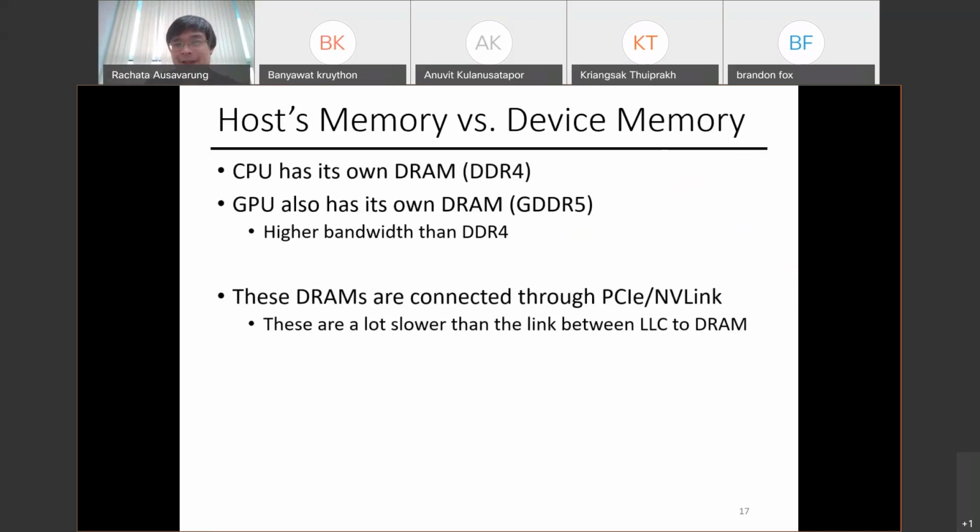These DRAMs are connected through, as I said earlier, PCIe, or these days if you have a really high-end GPU, if you're rich and want to buy a big, huge GPU, they are connected through a faster interface called NVLink. These are a lot slower than the bus between the last level cache and DRAM, right?